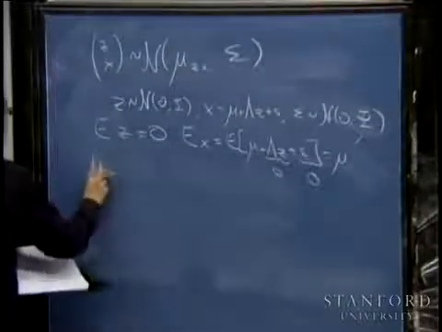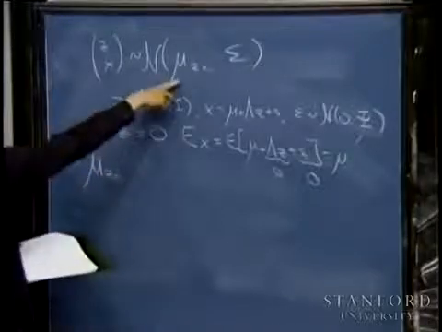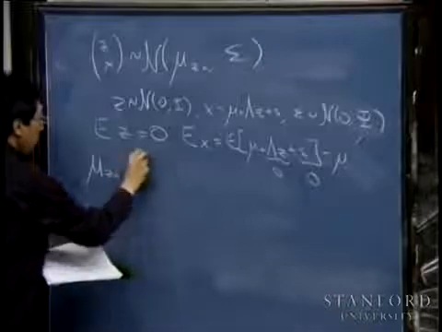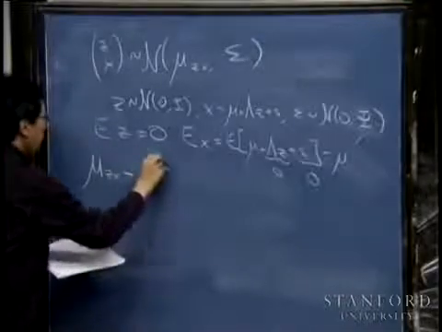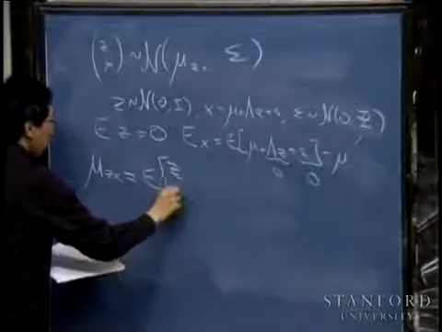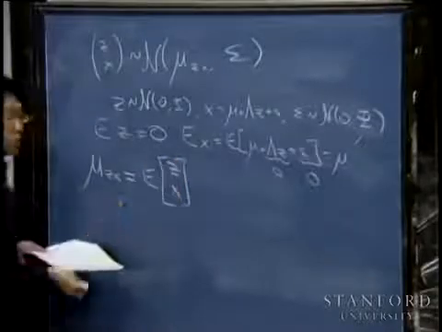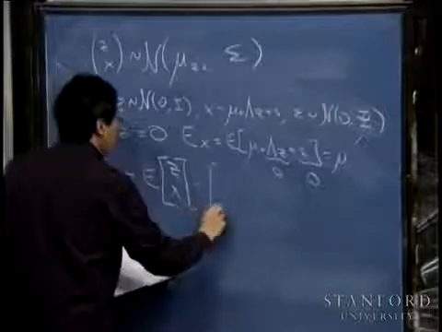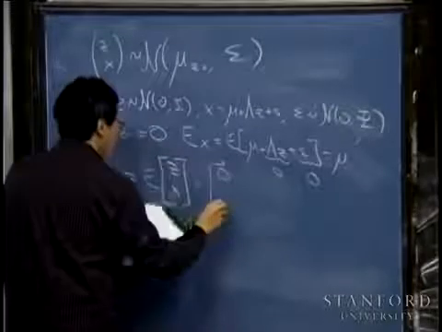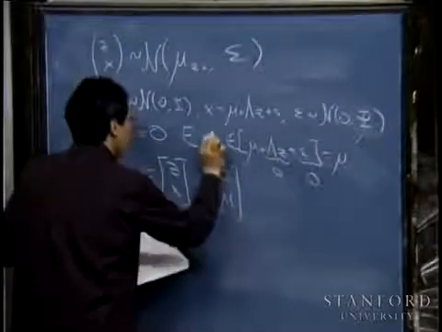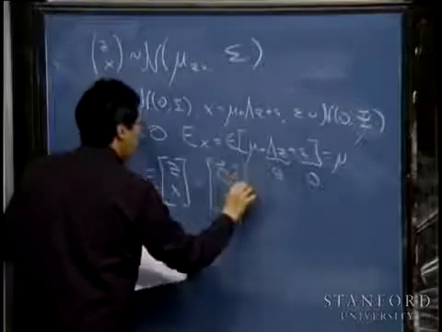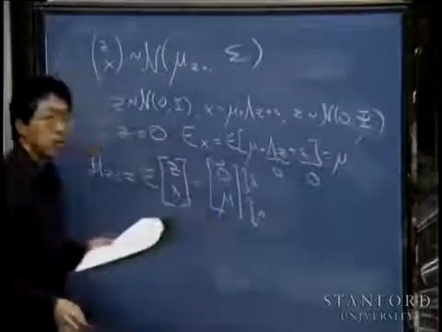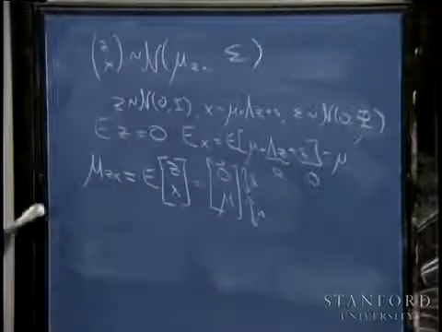So the vector mu zx, the parameter for the Gaussian, is the expected value of this partitioned vector made of z and x. That would just be 0 followed by mu, a d-dimensional 0 followed by an n-dimensional mu.